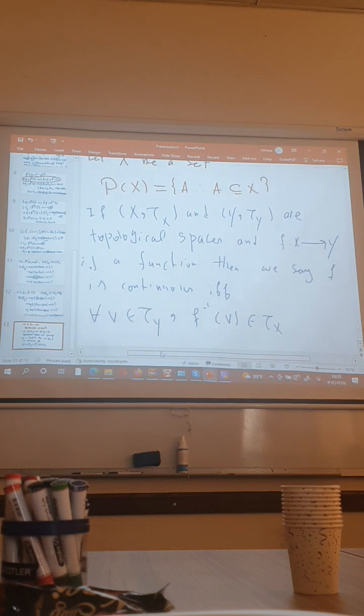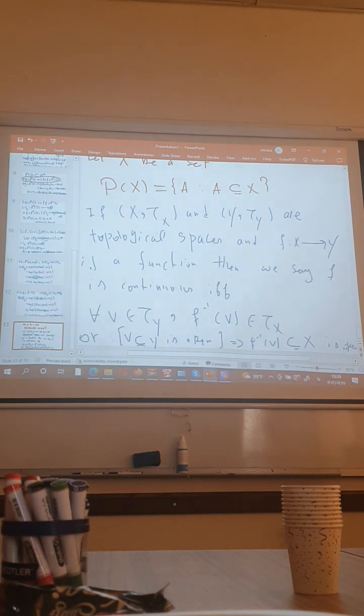Or equivalently, if V is an open subset of Y, then the inverse image of V as a subset of X is open.